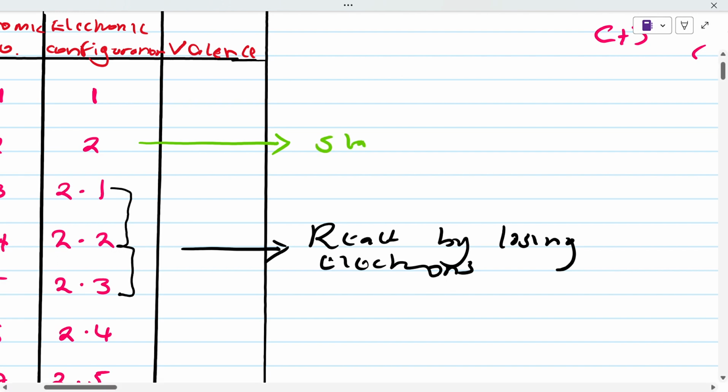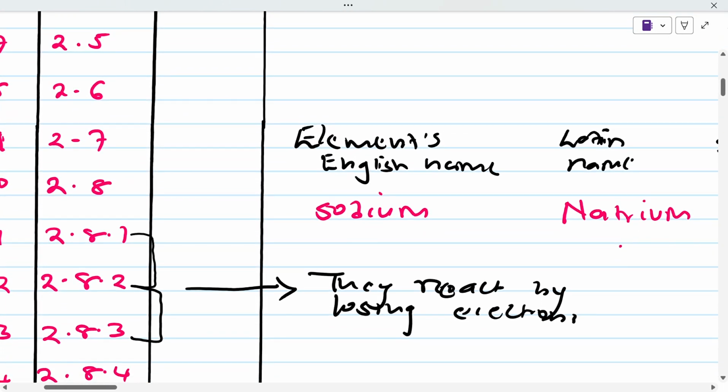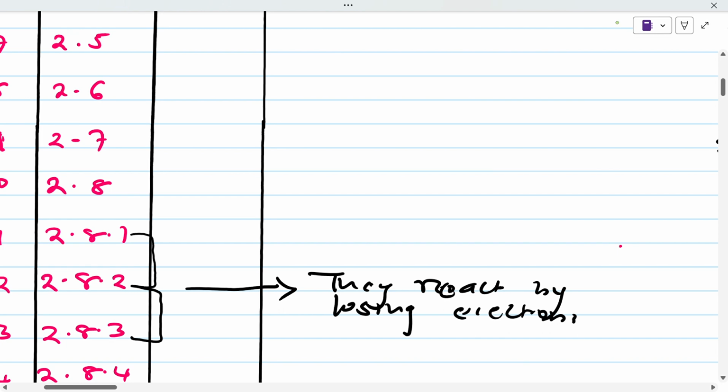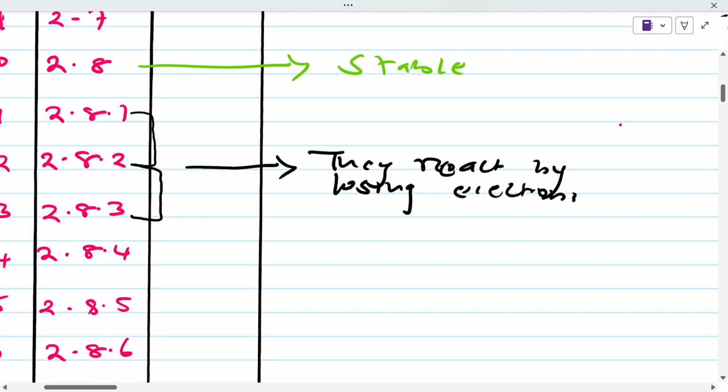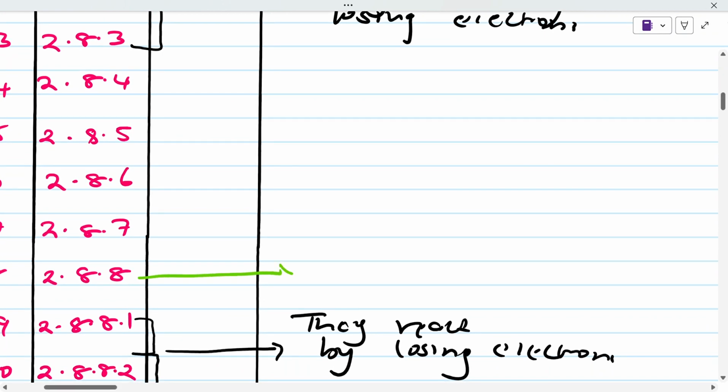So this one is stable. 2:8, there's also another one that I'm looking for, 2:8, this one here is also stable. 2:8:8, this one here is also stable.